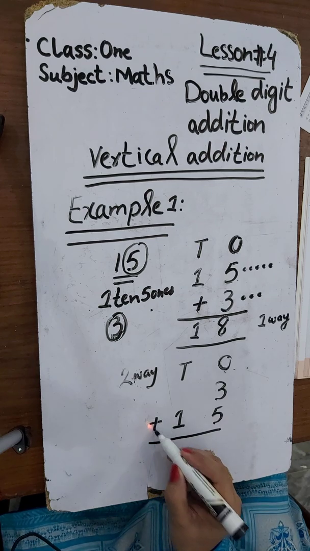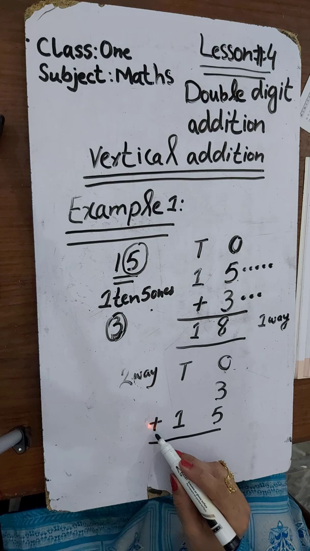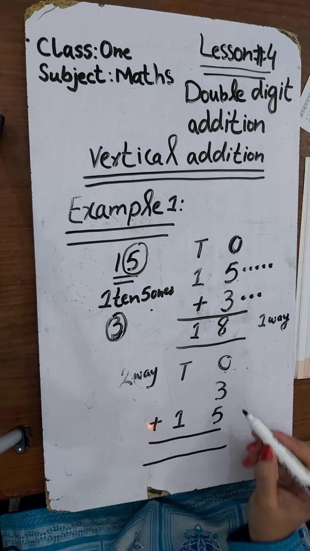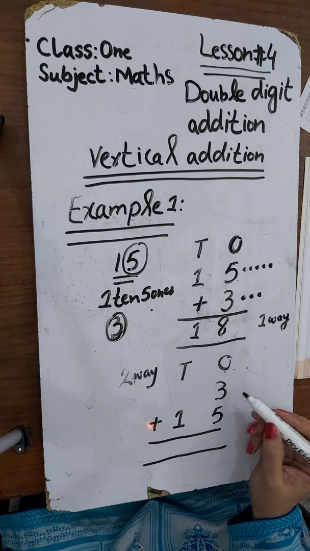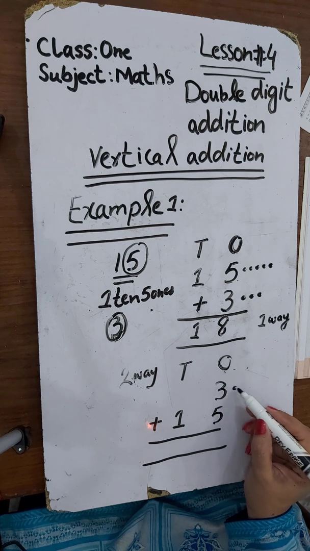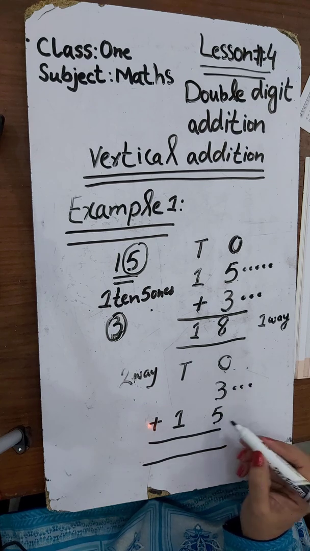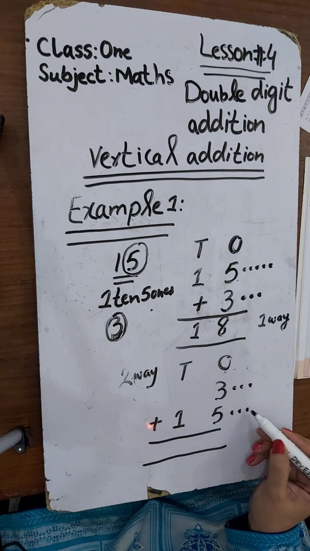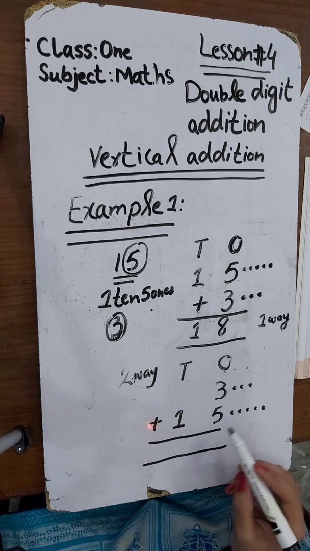Again put the plus sign here. Now add. Again you can use your fingers and also use dots. Again count 1 2 3, and 1 2 3 4 5.